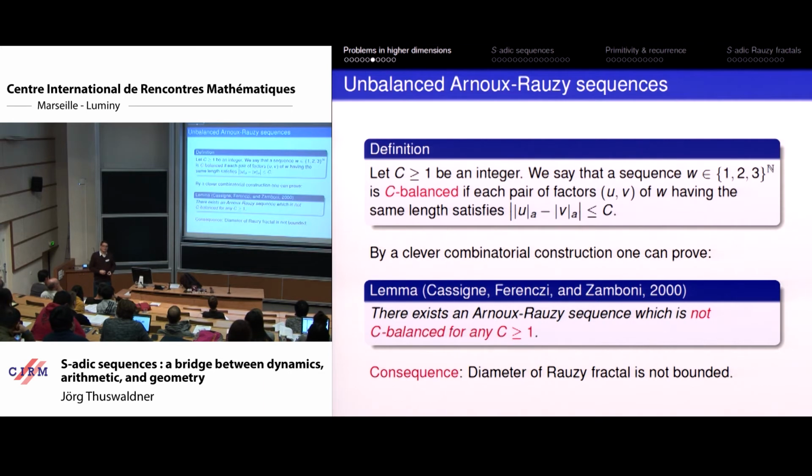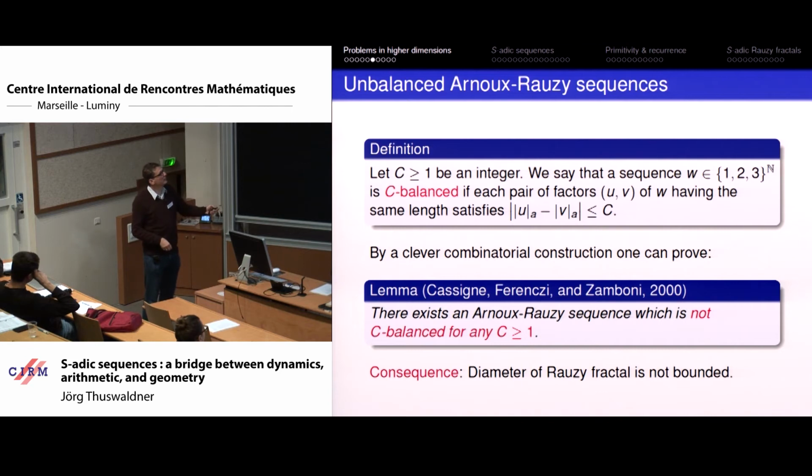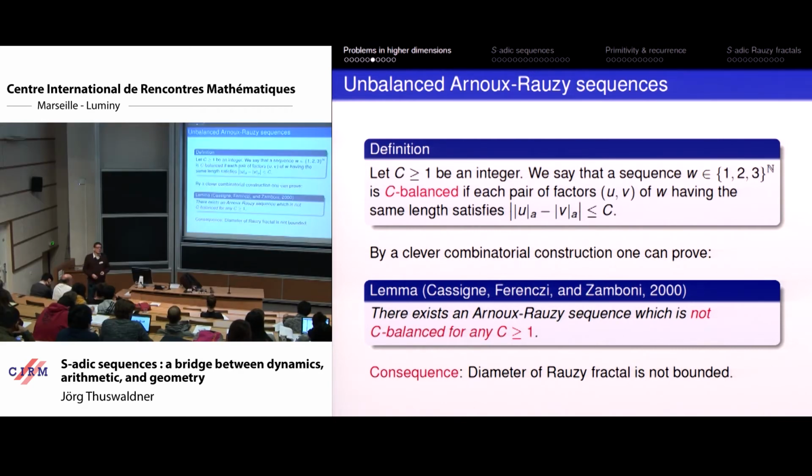The reason why you get a compact set is that this sequence is balanced in this sense. It's similar to the case of 2 letters, just a little bit more general. So you take an integer c, and we say that a sequence of 3 letters, the same is for d letters, but I am in the 3-letter case here, is c-balanced if for each pair of subwords of the same length, the number of occurrences of a given letter is almost the same, save for this constant c, which is an absolute constant not depending on n.